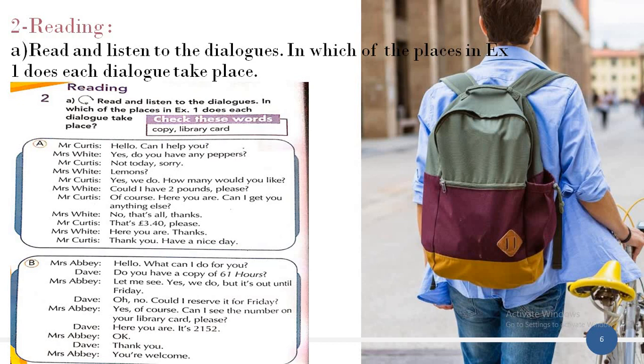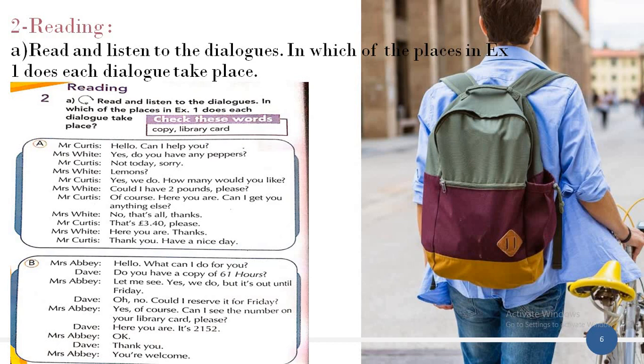Could I have 2 pounds, please? Of course. Here you are. Can I get you anything else? No, that's all. Thanks. That's 340 pounds, please. Here you are. Thanks. Thank you. Have a nice day.